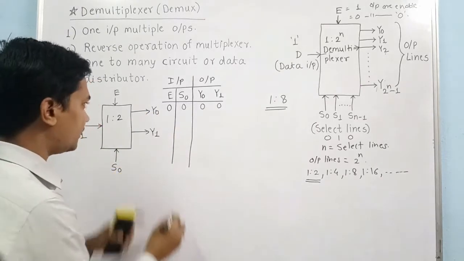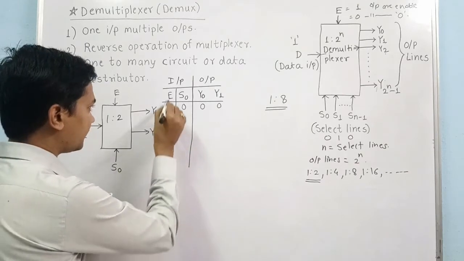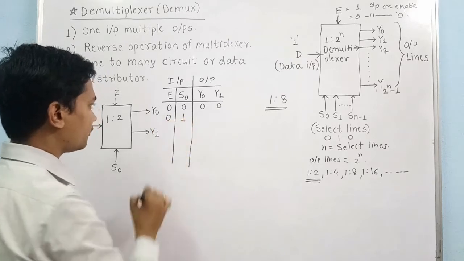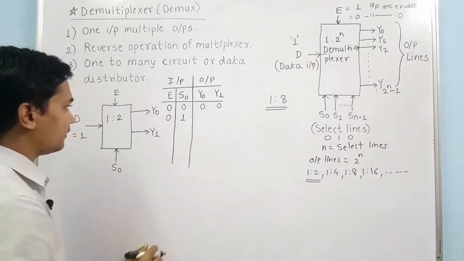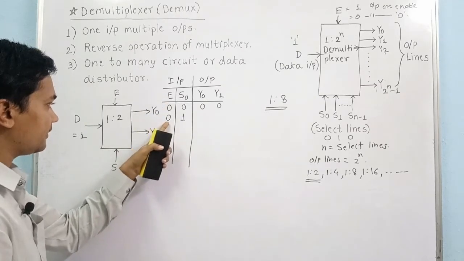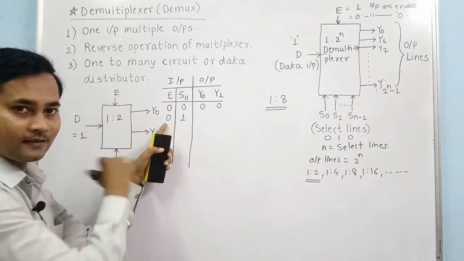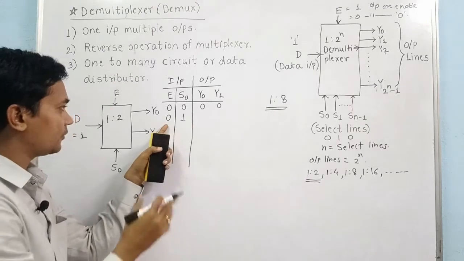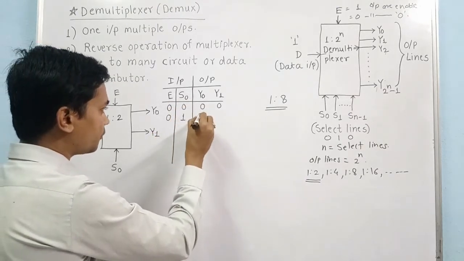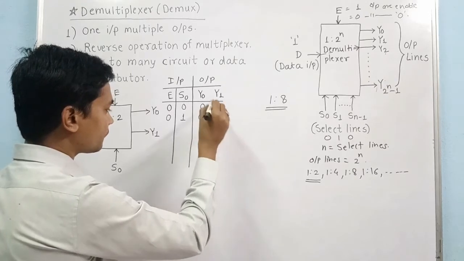Okay, now consider the next case. Suppose E is equal to 0 and S0 has been made 1. Then what will happen? Still, if the enable pin is 0, that means the whole demultiplexer IC is disabled, so there is no use of changing the S0 line, so the outputs will still remain 0.